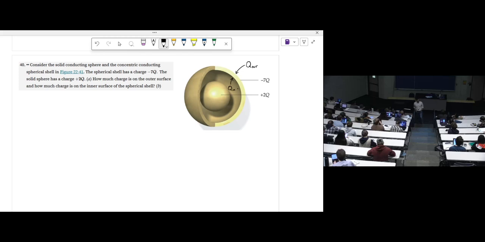What tool set can we use that we have learned to date to help us solve this problem? It is Gauss's law.